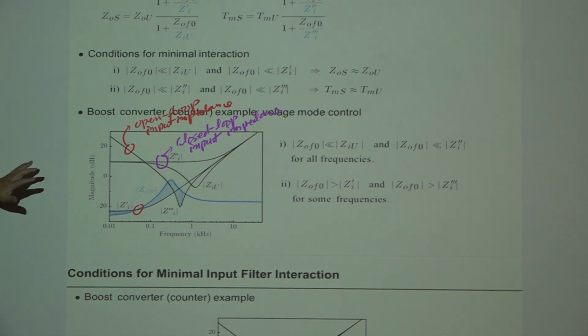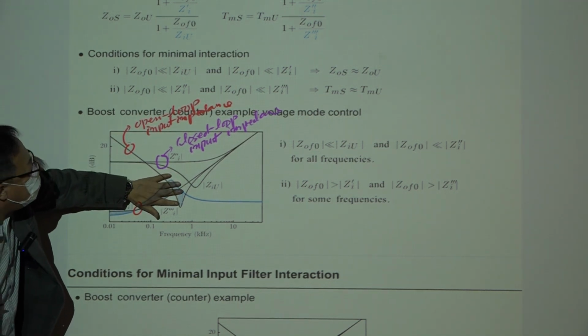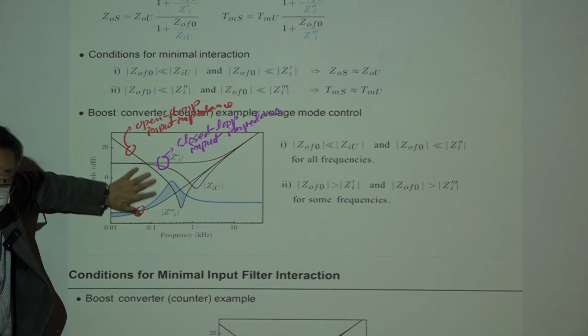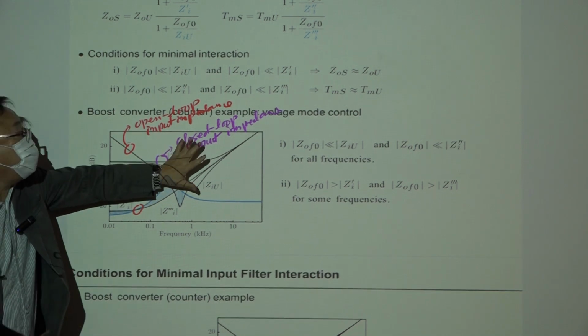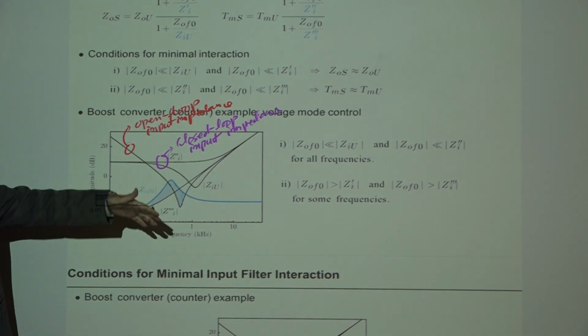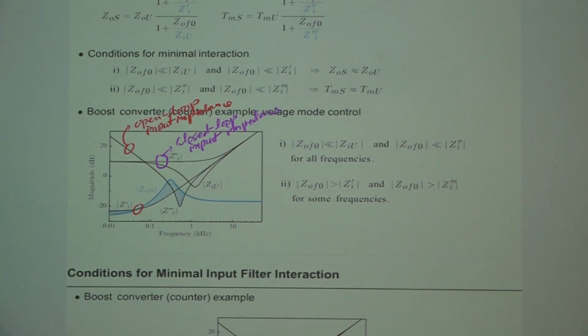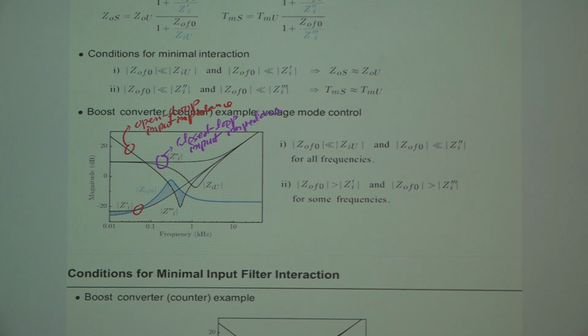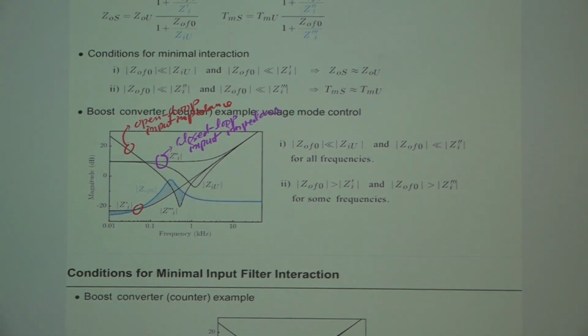Then what are you going to do to improve this? You need to boost this, but this voltage loop is opened. Then what are you going to do? Add a current loop. If you use current mode control, there is still a loop, right? The output voltage feedback loop is cut, but there is still an internal loop due to the current mode control.